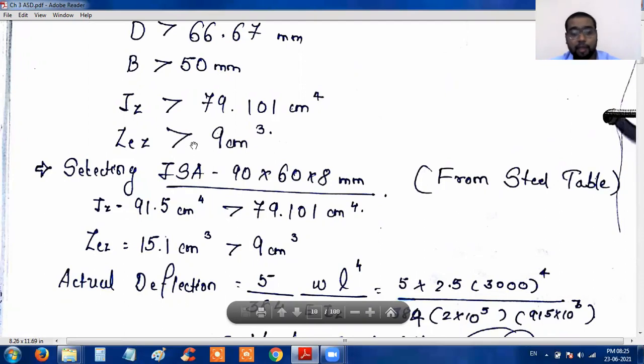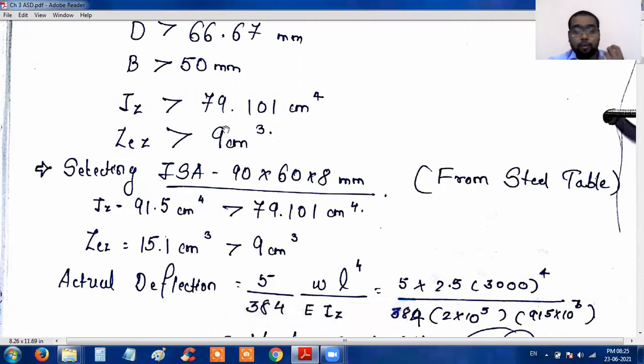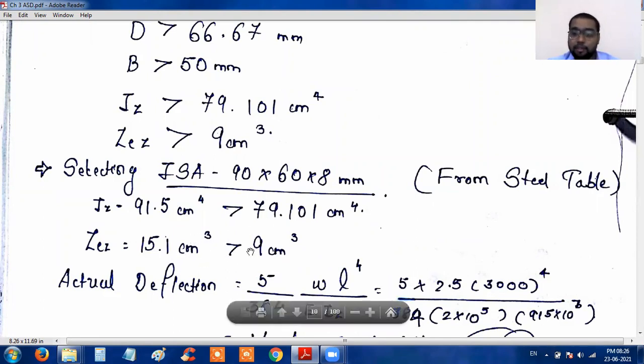Required section modulus calculated was 9 centimeter cube. And for that particular angle section, the Zz value is given in the steel table, and it should be greater than the calculated required section modulus value.